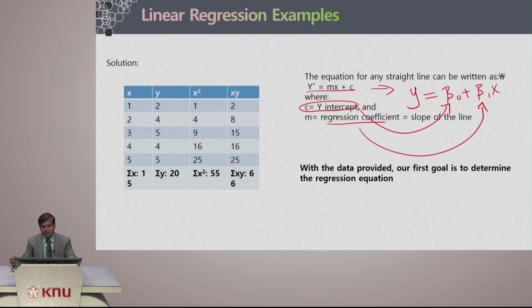The same equation of the straight line can be expressed as this regression model, and you can calculate these values with the tables and find the regression equation from the given data.